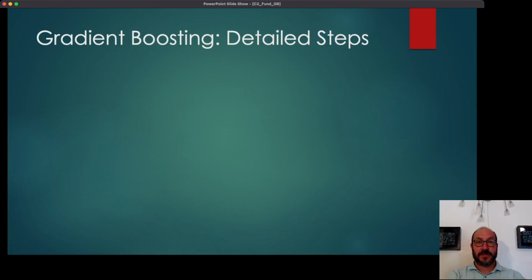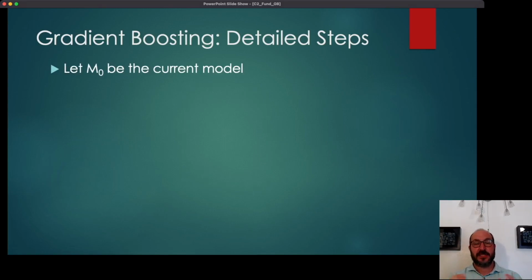Okay, so now we're going to go through in a lot more detail with some math and some equations how this algorithm works. Let M0 be your current model. And again, to start out, this could just be a very naive model where you just predict the mean for everything or predict 0 for everything. If it's a classification model, it could be something where you predict just 0.5, yes or no, for every prediction.